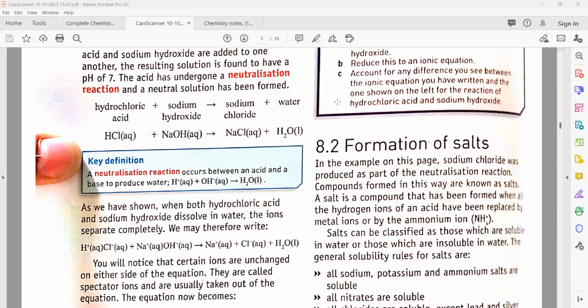Listen, what happened? Neutralization. Here you have something acidic in nature, like HCl, and the second thing is basic in nature, like sodium hydroxide, NaOH. When this base and this acid react together, they neutralize each other, or you can say cancel each other. So when they cancel each other, you get a salt and water in the product.